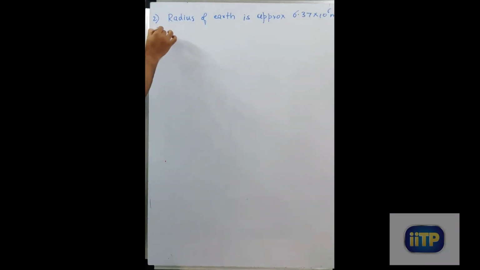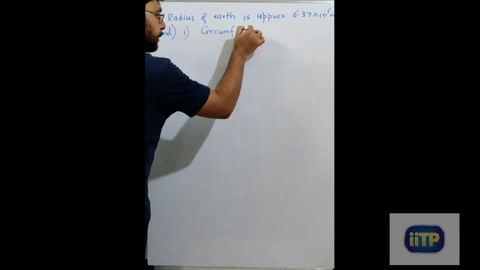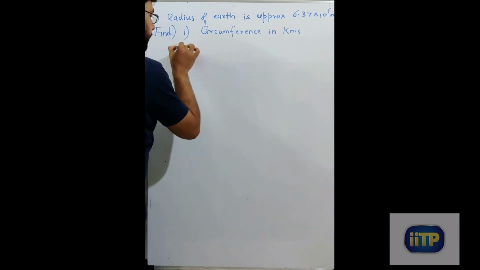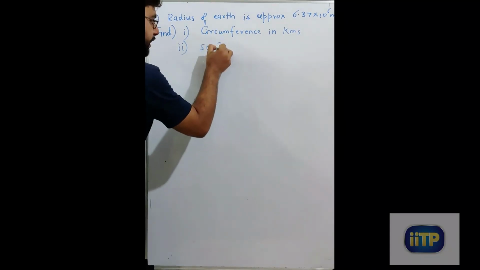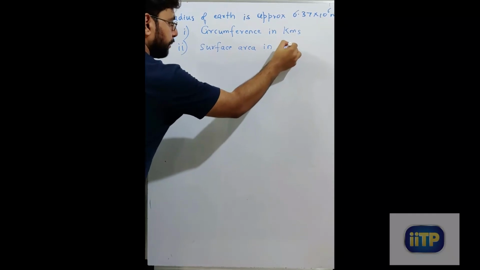Find, first, the circumference in kilometers. Second, the surface area in square kilometers.